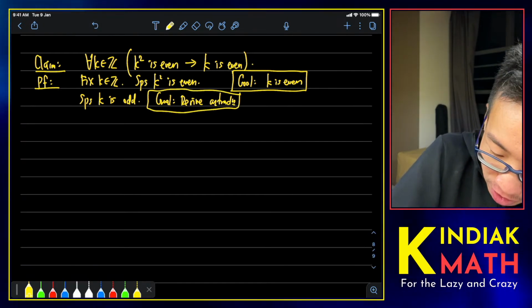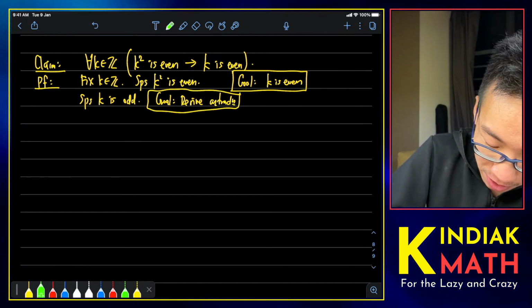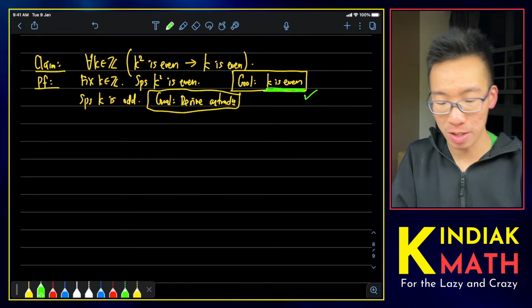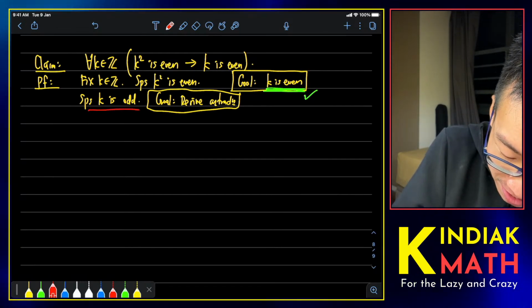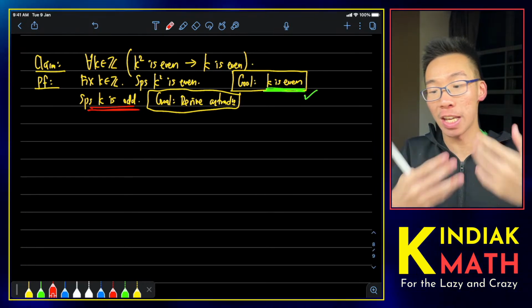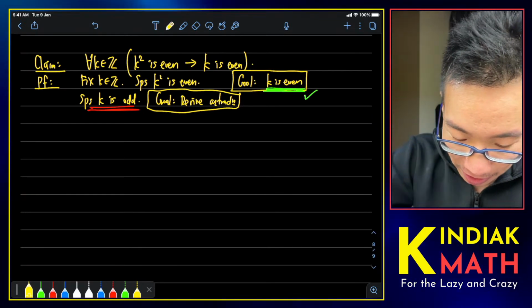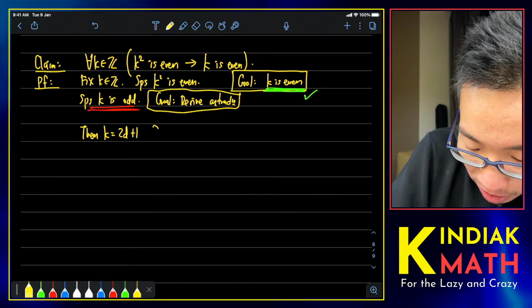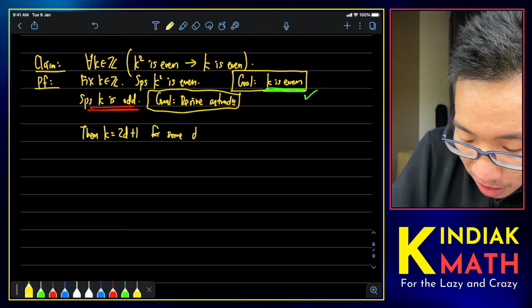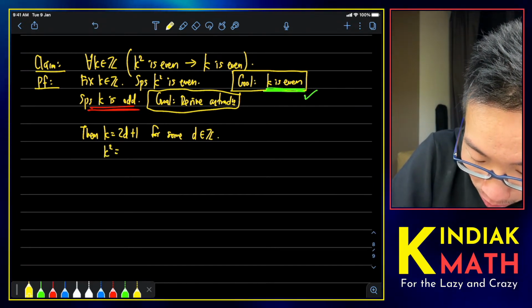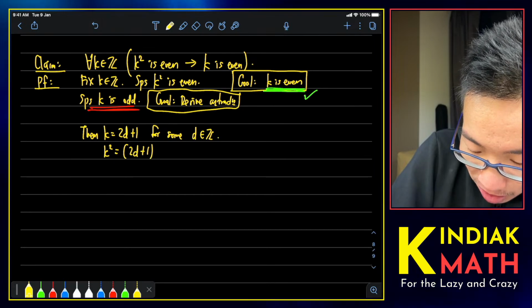And why do we derive a contradiction? So that the bigger goal will be true. Because if we can show that k being not even gives a contradiction, we can only conclude that k must be even. So let's suppose that k is odd, then k equals 2d plus 1 for some integer d. But that tells us that k squared equals 2d plus 1 squared.